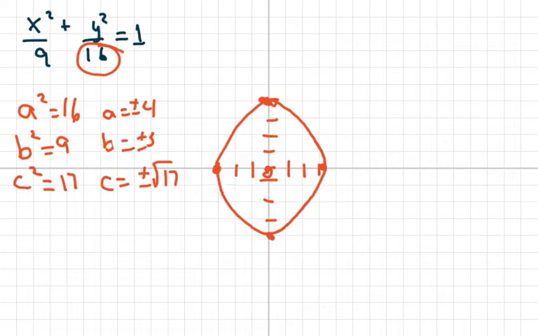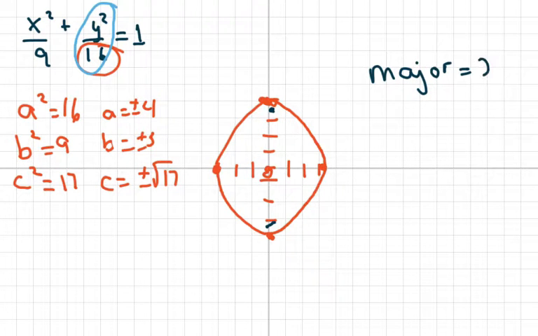Okay. My foci is on the y-axis. And square root of 7 is in between 2 and 3. We already did that, so it's right here. The length of the major is 2a. So 2 times 4 is 8.